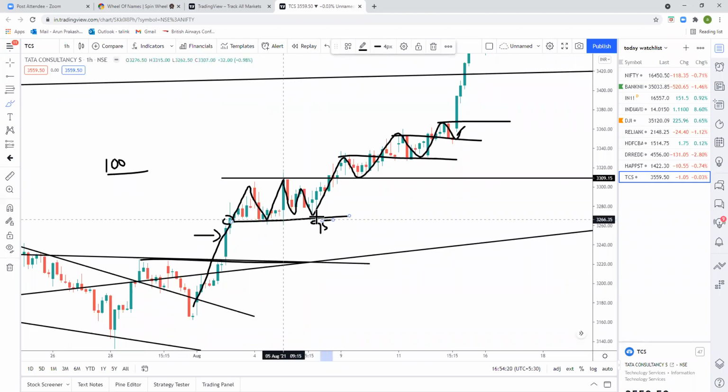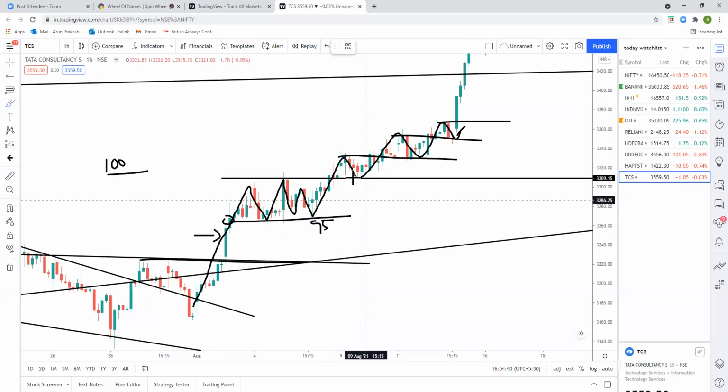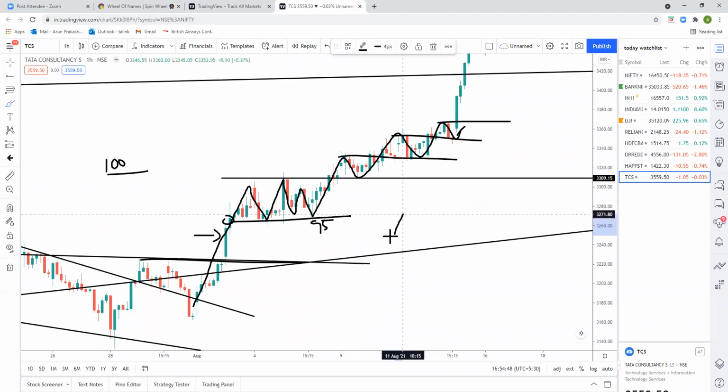The market can trade at the same level, but since it's already, let's say, half an hour or 1 hour, the option premium would have decayed by 5 points roughly. So already, if you are holding on to this, you are in a loss of 5 points. This is something you cannot avoid. So options trading should be done only when there is good momentum. In a sideways market, you do not want to do options trading.